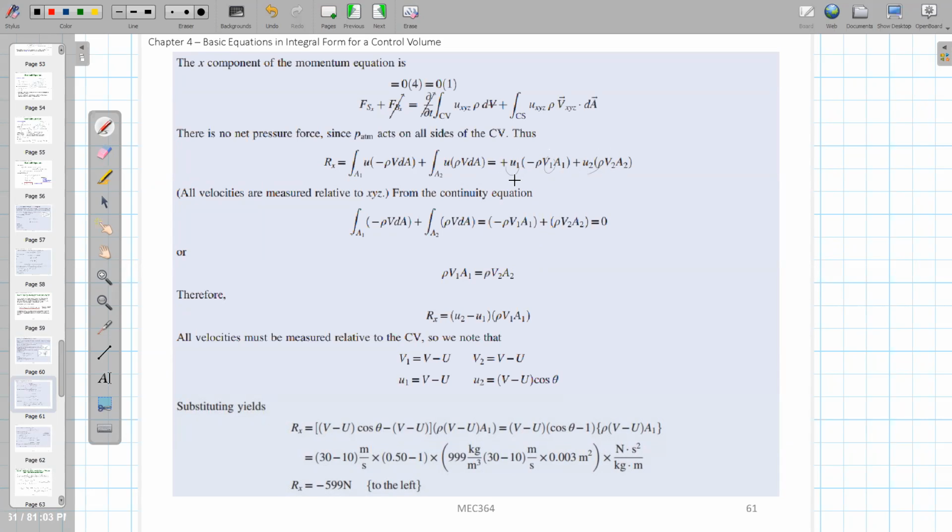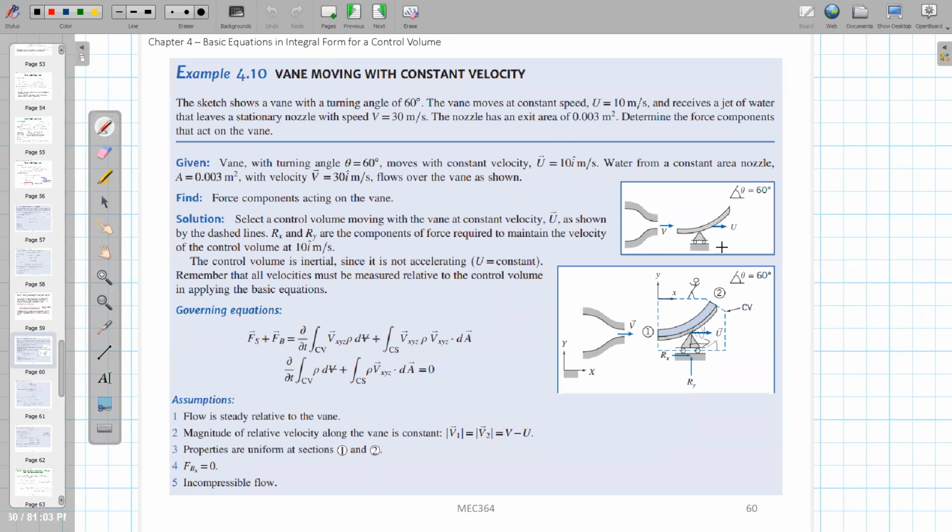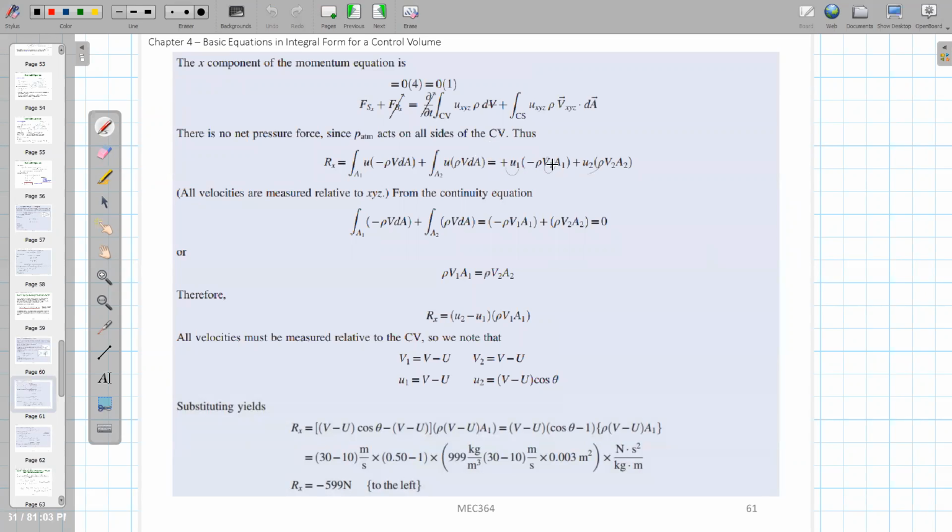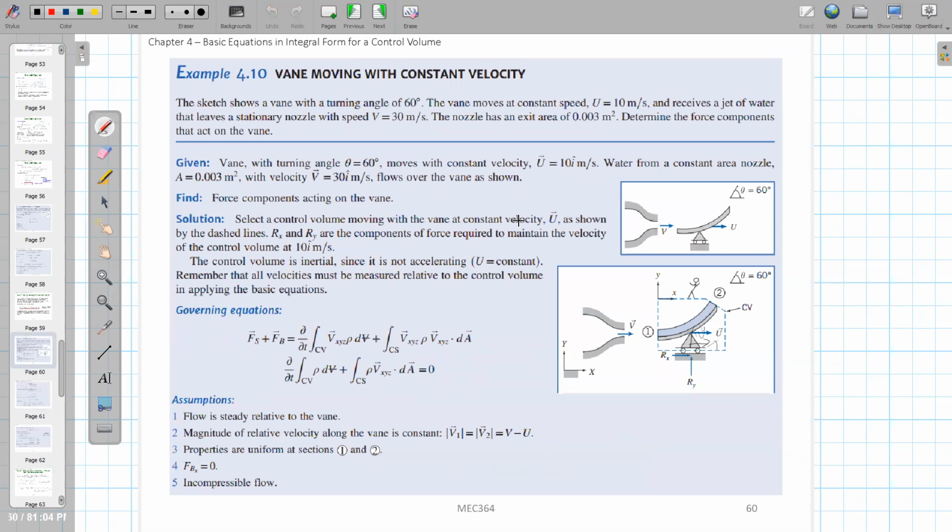Remember that when we define this control volume with this moving frame, V1, U1, V2, U2 are the velocities we measure in this moving reference frame. For example, I think this big one drawn here is a typo.